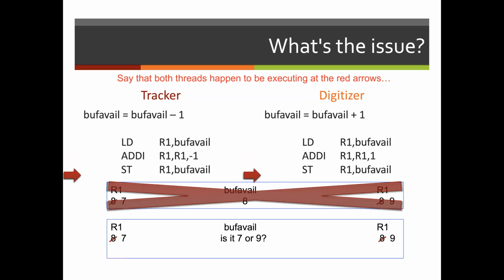So is buff avail going to be 7 or is it 9? It really should be 8, and so this would provide us with an incorrect result due to synchronization issues.